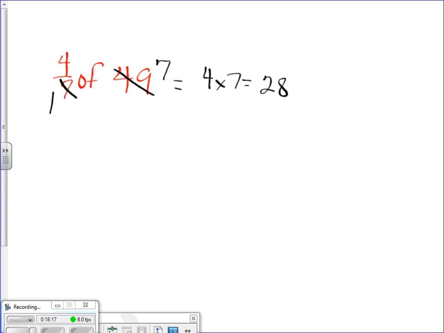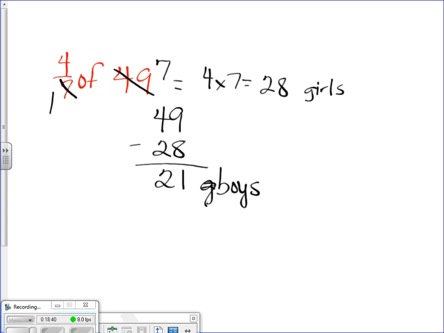That's not the answer though. That tells me the girls. 4/7 are girls, so that tells me the girls. My question is boys. 49 minus 28. 21 are boys. The answer is 21.